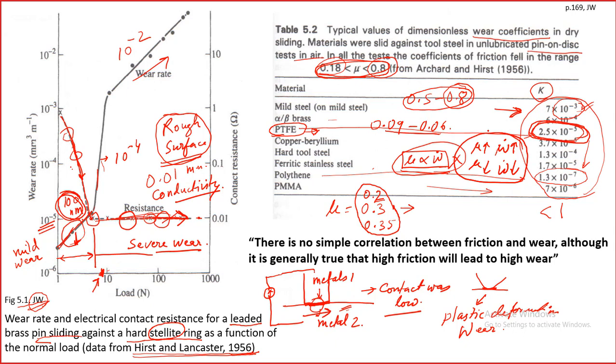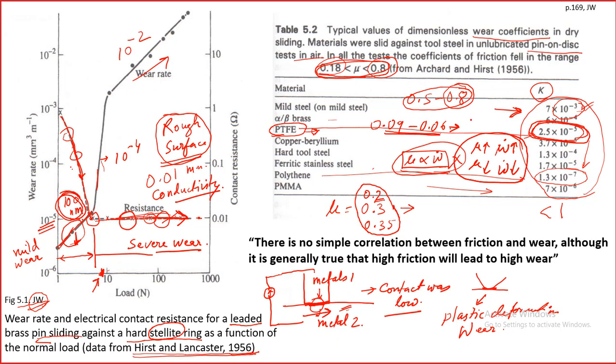Sir, in case of PTFE, we have a value of mu even less than 0.1, about 0.01, for a surface like steel and PTFE.